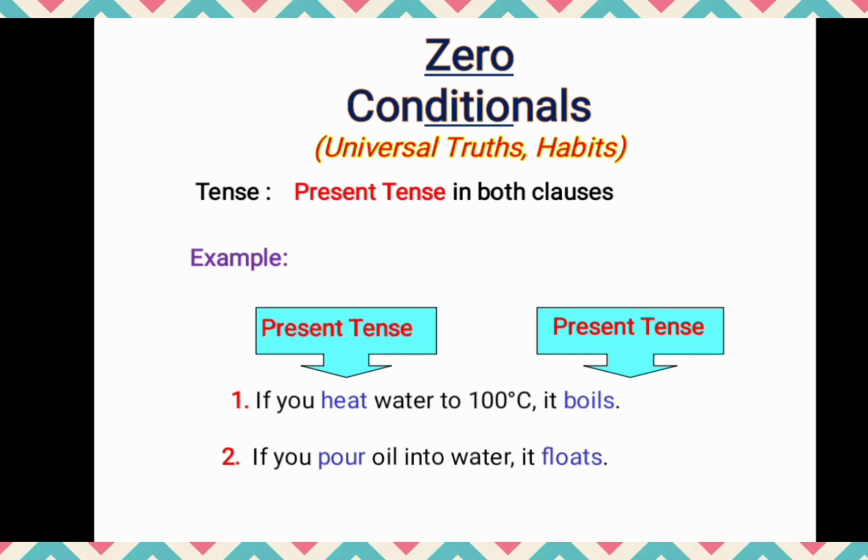That also fulfills the construction of zero conditional. You can see categorically in this slide the construction of zero conditional sentences according to their tense. Present tense is mandatory in this type.